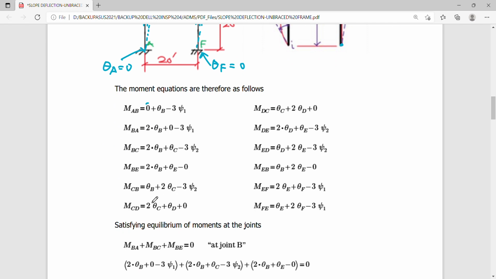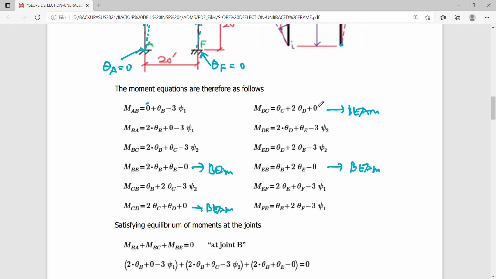And then CB is 2 theta C plus theta B minus 3 psi 2, again on the second floor. And then CD is 2 theta C plus theta D plus 0, because this is a beam. So all of these zeros refer to your beam members, and all those that have the psi 1s and psi 2s are your column members.